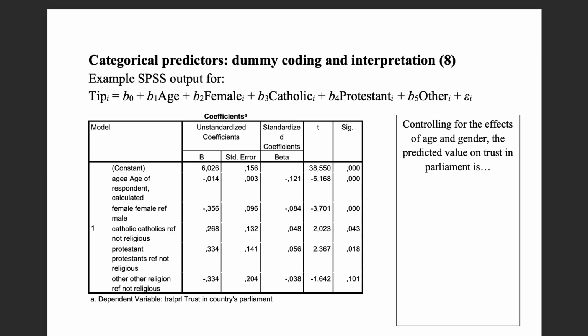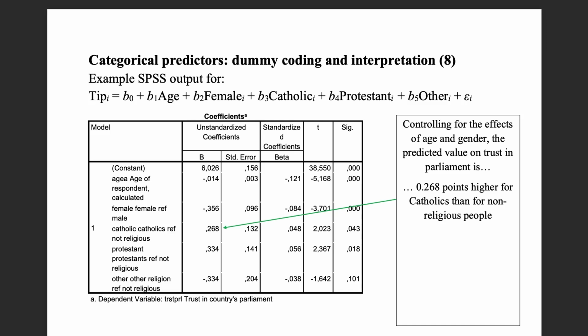So in this case, controlling for the effects of age and gender, the predicted value on trust in Parliament is 0.268 points higher for Catholics than for non-religious people, because the value we got for the regression coefficient for the Catholic dummy is 0.268, and the reference category that we picked for the religious denomination is not religious.